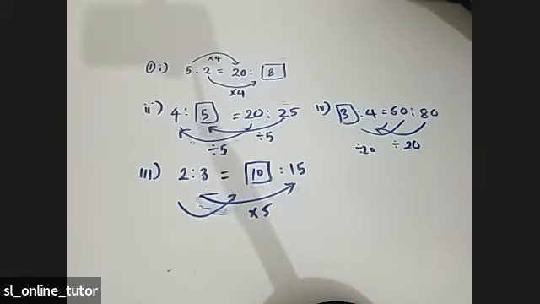So this is an easy question. You have to show this in a ratio form and you have to write it in the simplest form. Simplest form means both of those values should be divided as much as possible by the same number until you get two numbers where you can't divide them anymore.